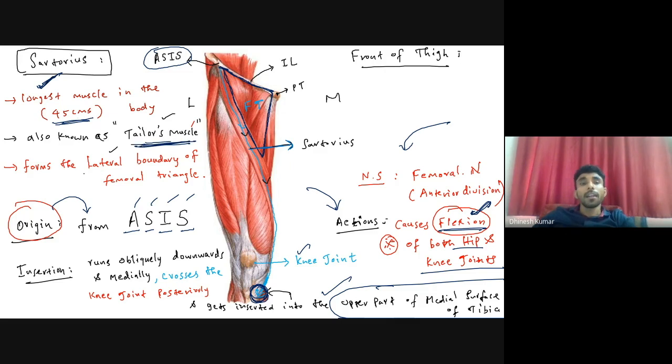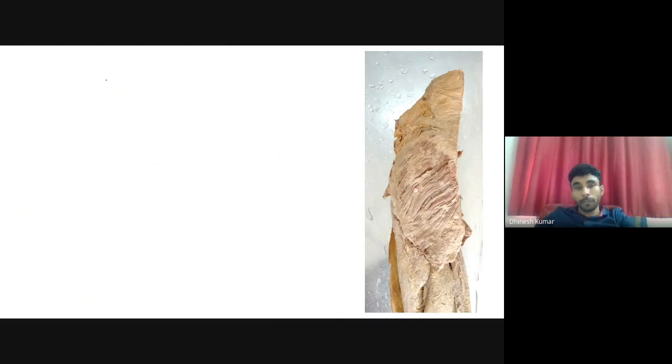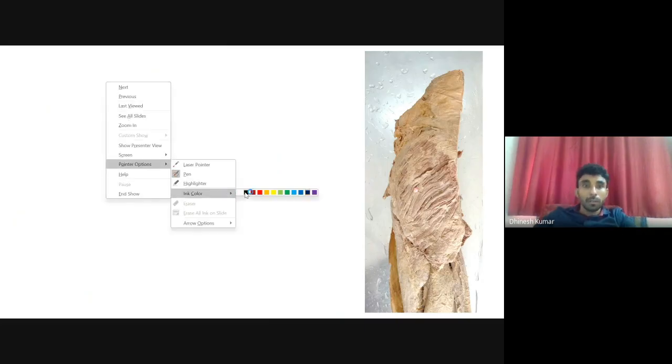And as you know, the sartorius muscle forms the lateral boundary of the femoral triangle, isn't it? So the subquestions for the sartorius muscle in spotters may be origin and insertion, that is attachments, otherwise nerve supply and actions. Fine.